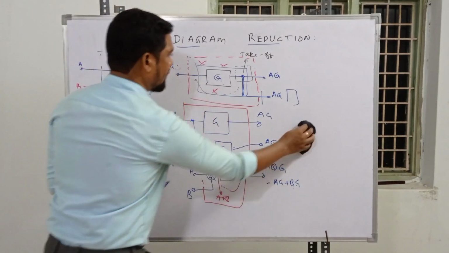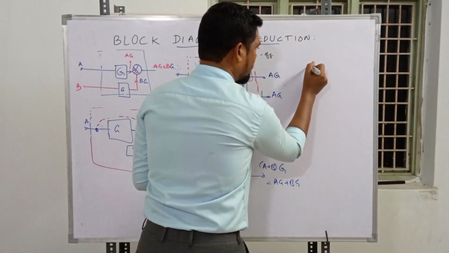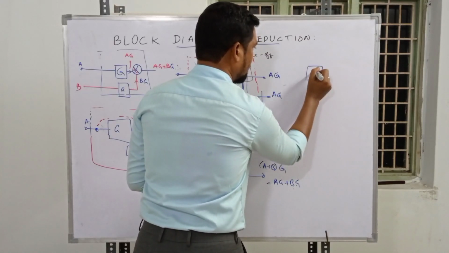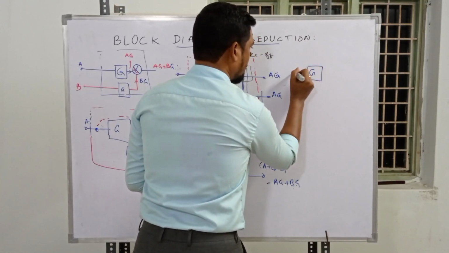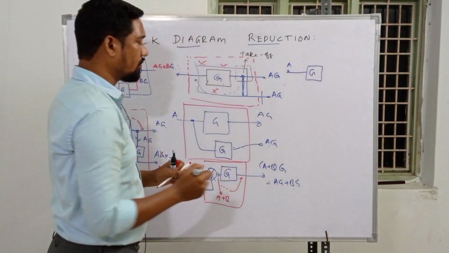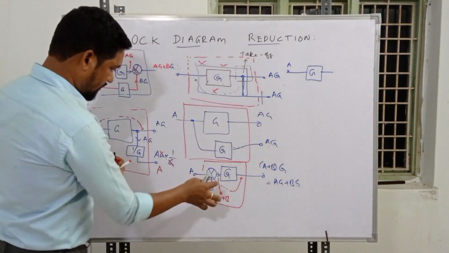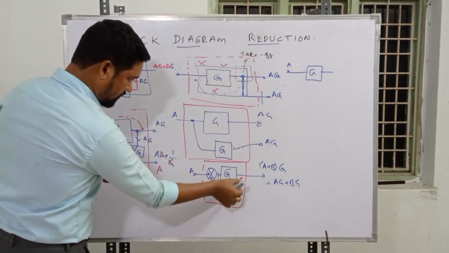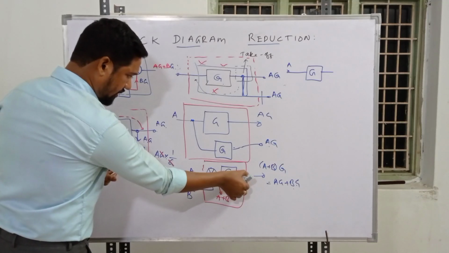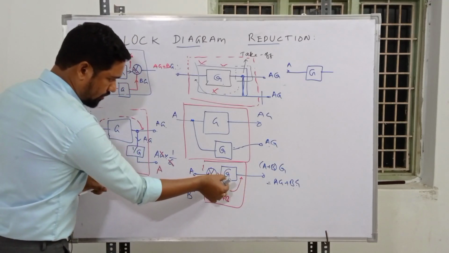So here is another reduction rule. What if we have the same transmittance G over here, and we have a signal A? What if we have a summing point, previously it was here, now we assume that the summing point is over here, and what modification is to be done if we have to shift the summing point to behind the block?